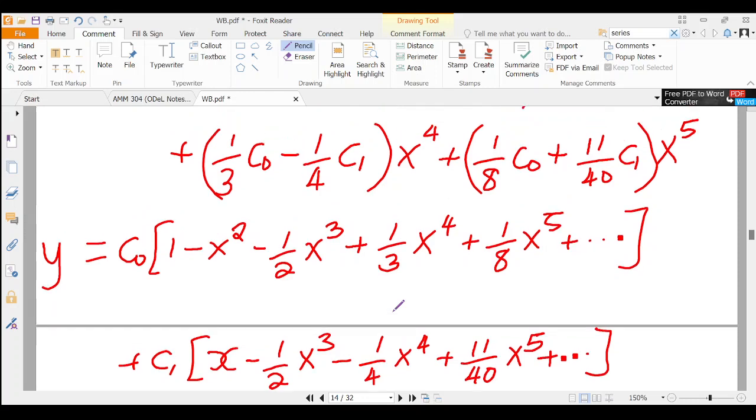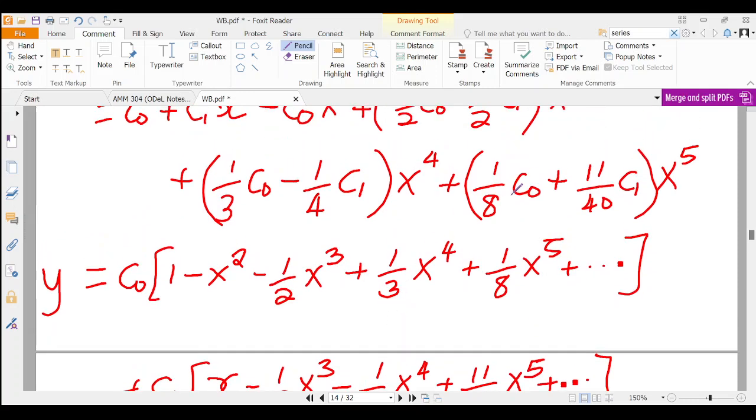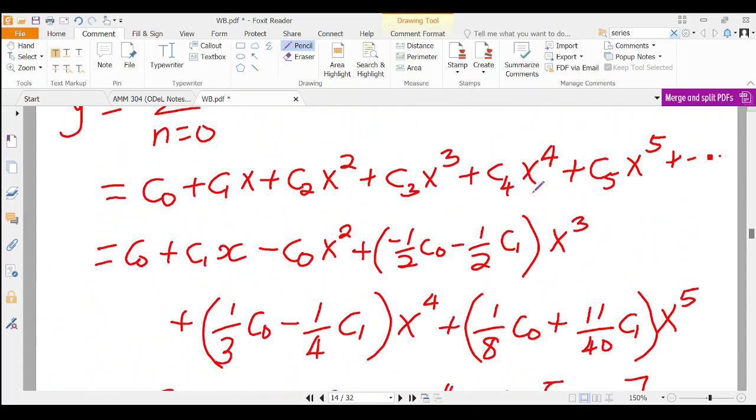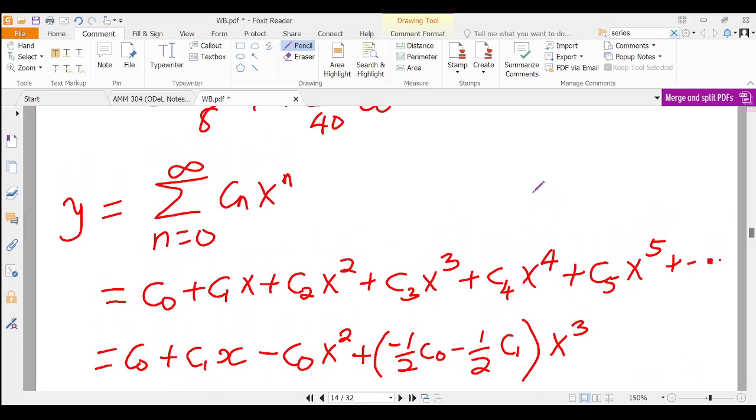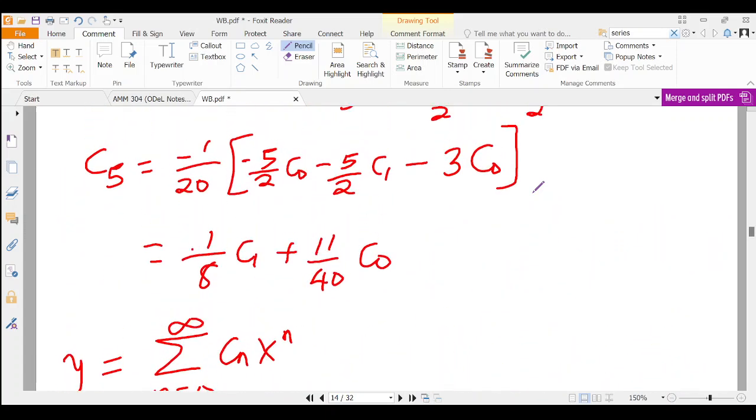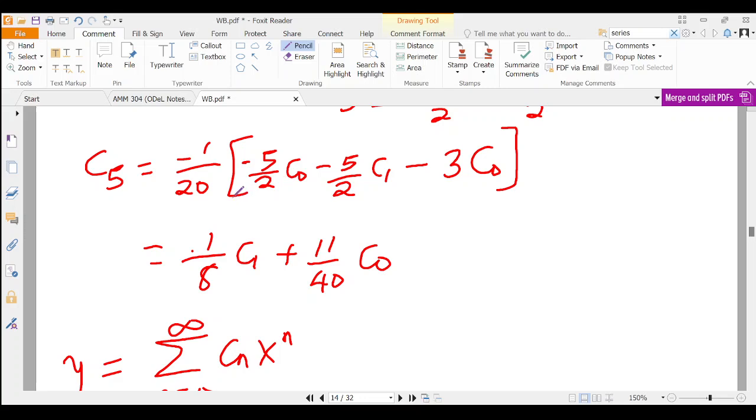I think there were some errors somewhere. When substituting this value here, this one was 1/8 C1 plus 11/40 C0.